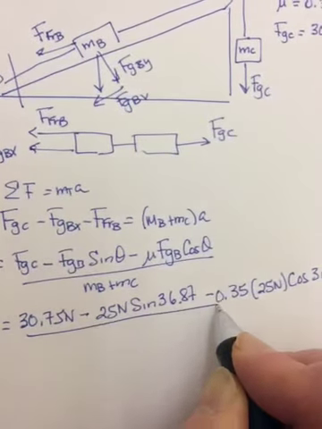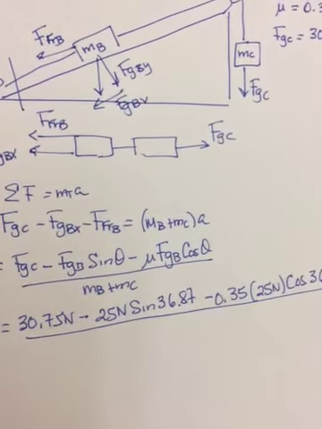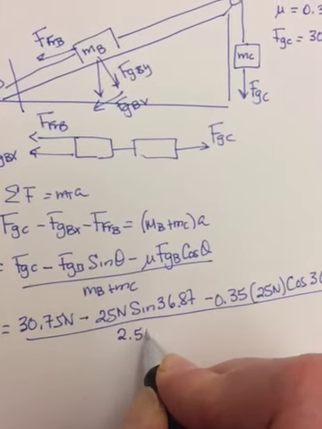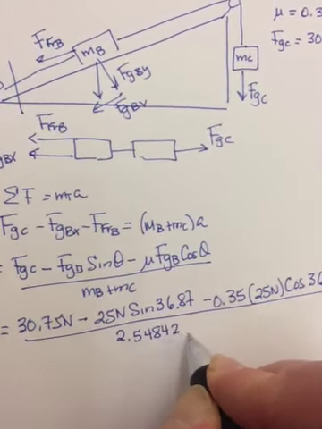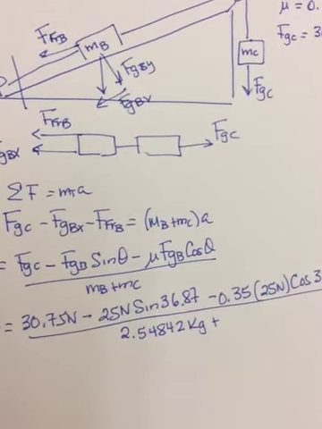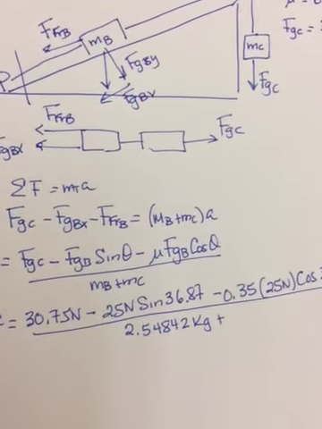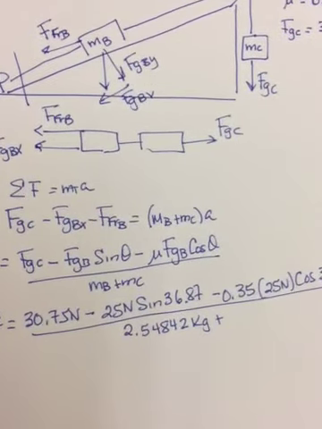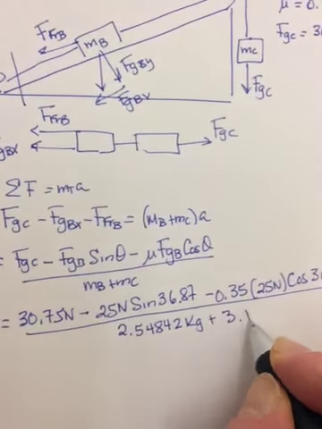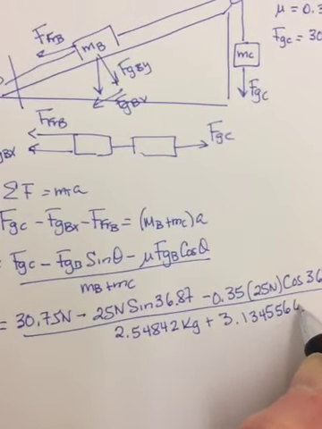And then now when you divide, remember you need the masses, so it's not 25, it's 2.54842 kilograms plus 30.75 divided by 9.81, 3.1345566 or something.